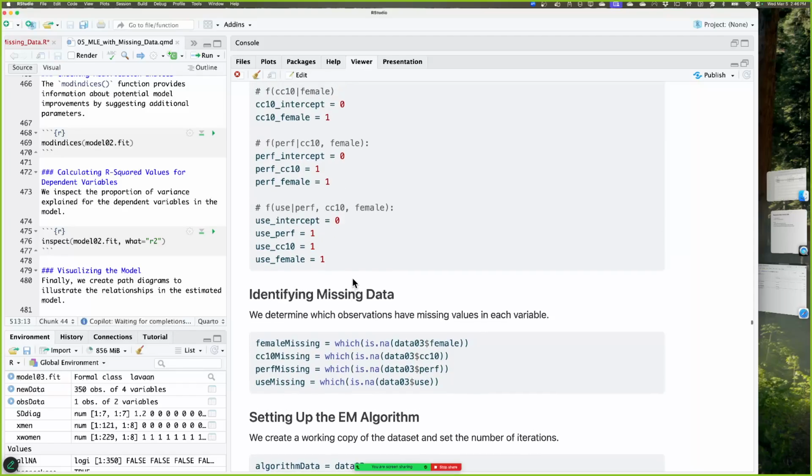Okay, now this is where things get real fun. We need to figure out which values are missing, because in each step, in the E step of the algorithm, we're going to take the expected value for each of these missing data points and change it with what the predicted value is from the regression. Okay? So each time we're sort of imputing data using a regression single imputation, but then we iterate to an M step and repeat the process.